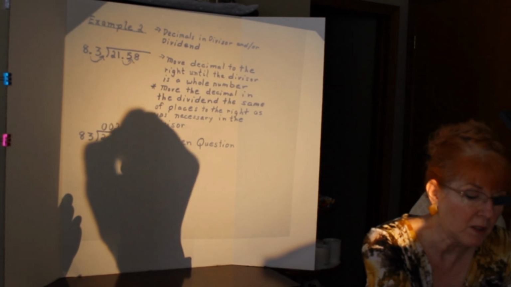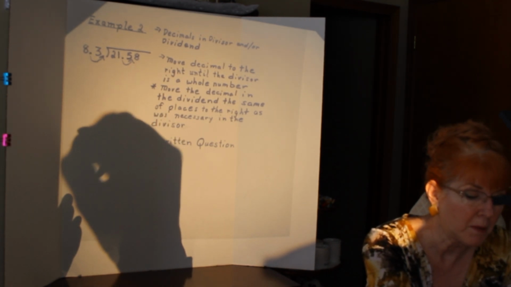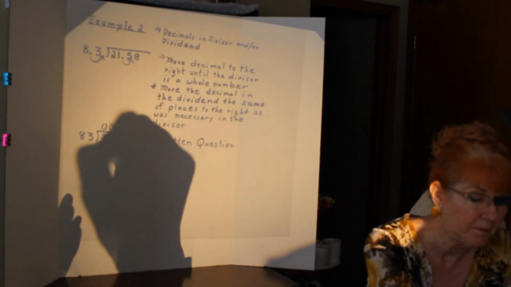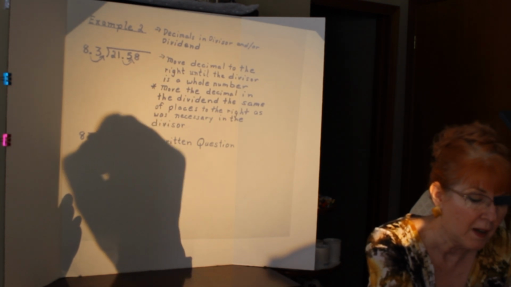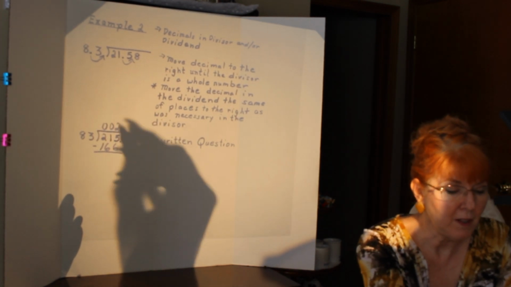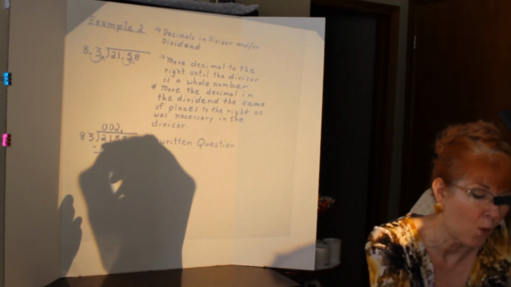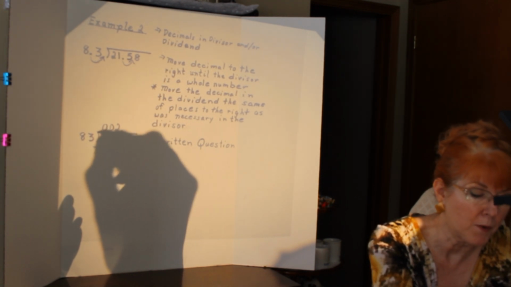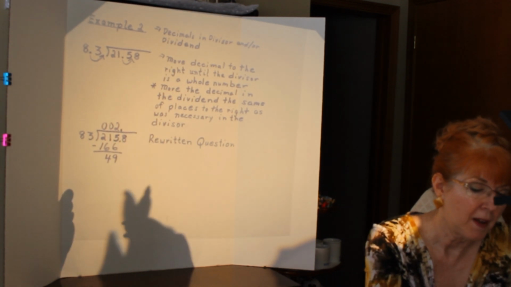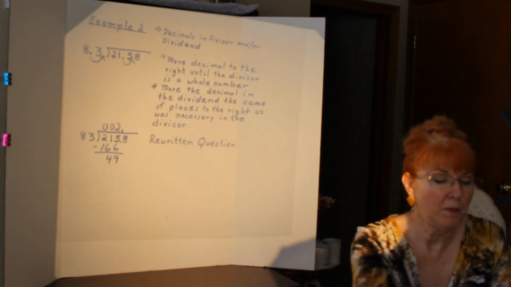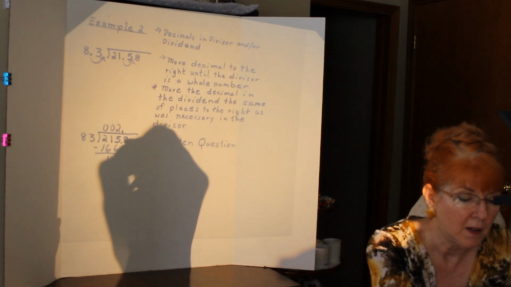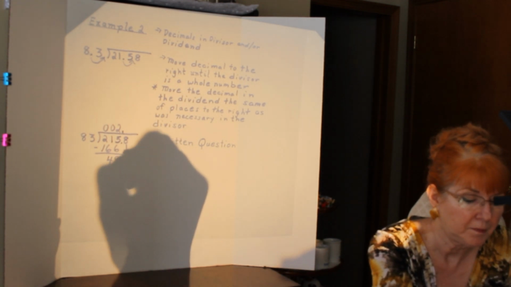2 times 3 is 6. 2 times 8 is 16. And you're going to subtract. 15 take away 6 is 9. 10 take away 6 is 4. You've already borrowed from there, so there's nothing there. Now, last thing you do is bring down the 8.